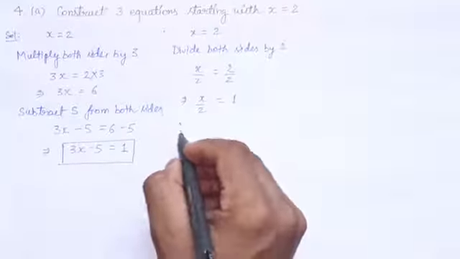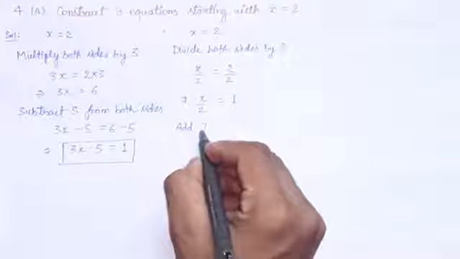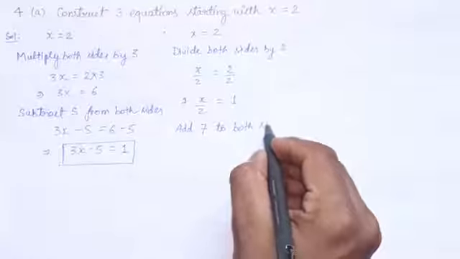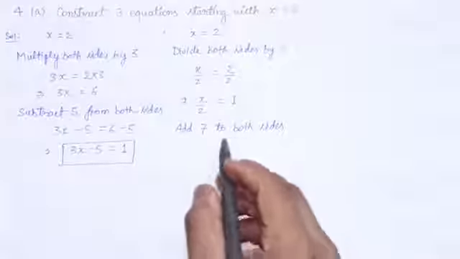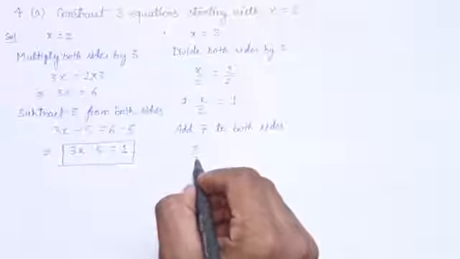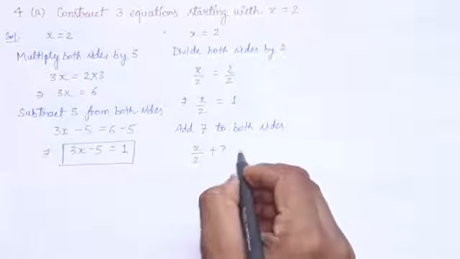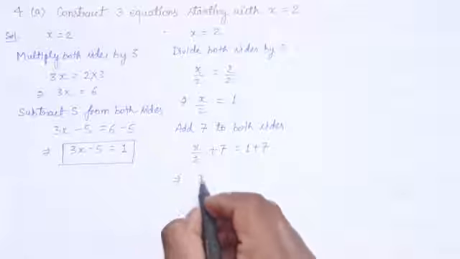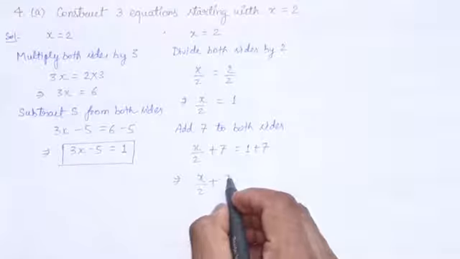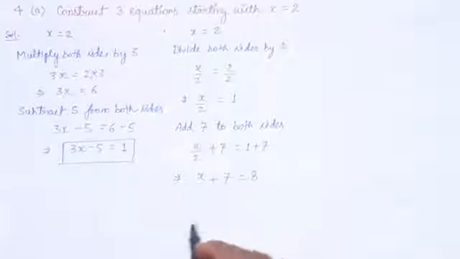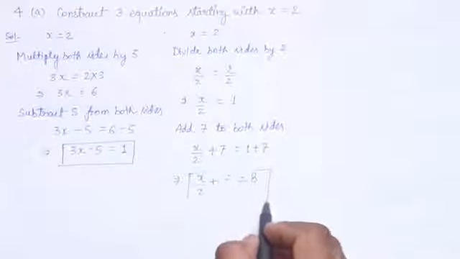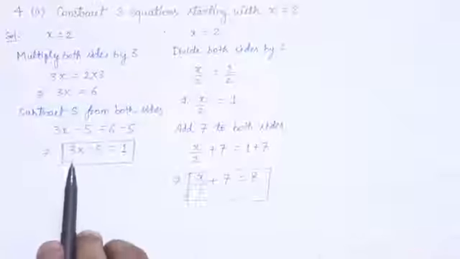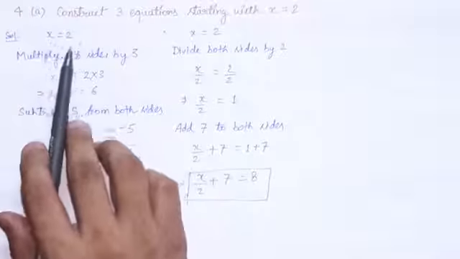Again add 7 to both sides. So what do we get? x by 2 plus 7 equals 1 plus 7, which implies that x by 2 plus 7 equals 8. So this is one more equation starting from the equation x equals 2. So we have made 2 equations with the help of x equals 2.